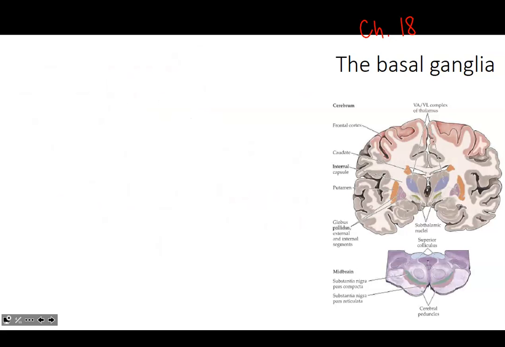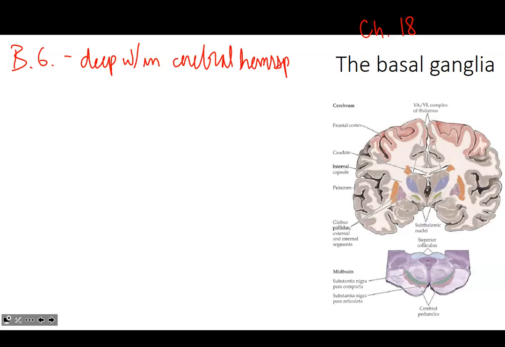The basal ganglia lie deep within the cerebral hemispheres, made up of the caudate and the putamen, which collectively comprise what's known as the striatum.